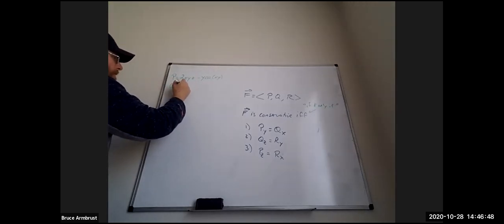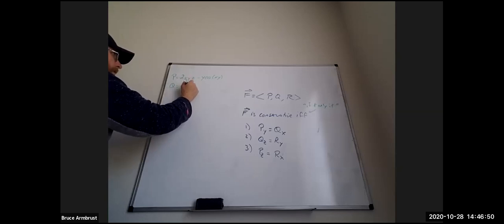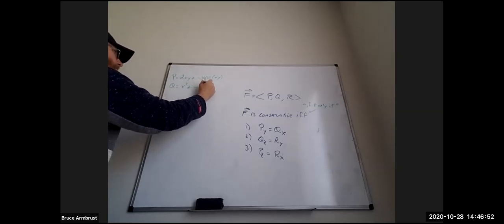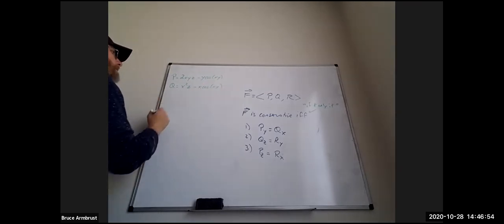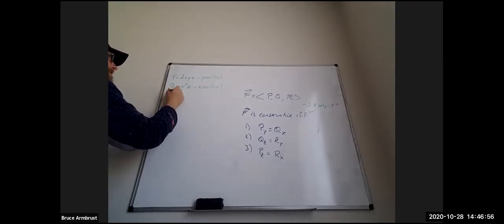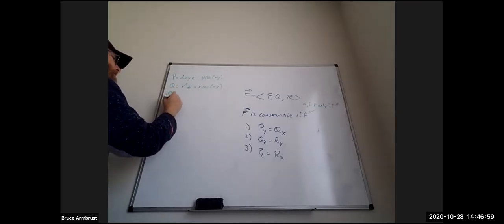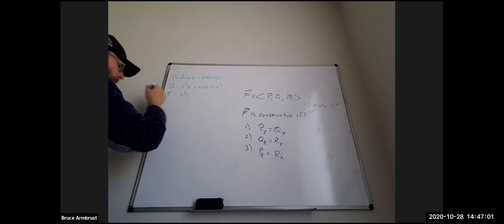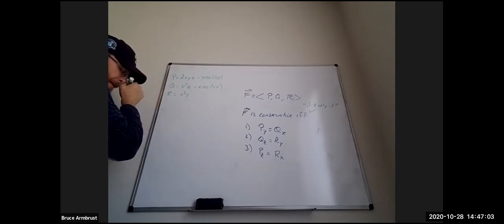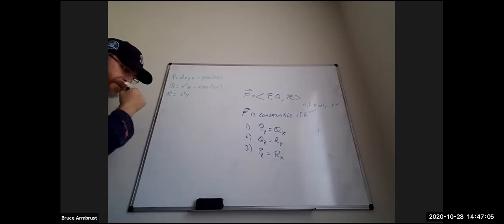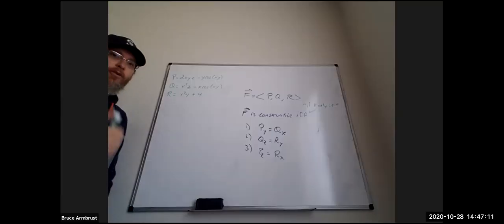The second one was x squared z minus x cosine of xy. And then the third component was x squared y. I'm trying to remember what the rest of it was. Oh, plus 4? Okay, if not, we'll go with that.